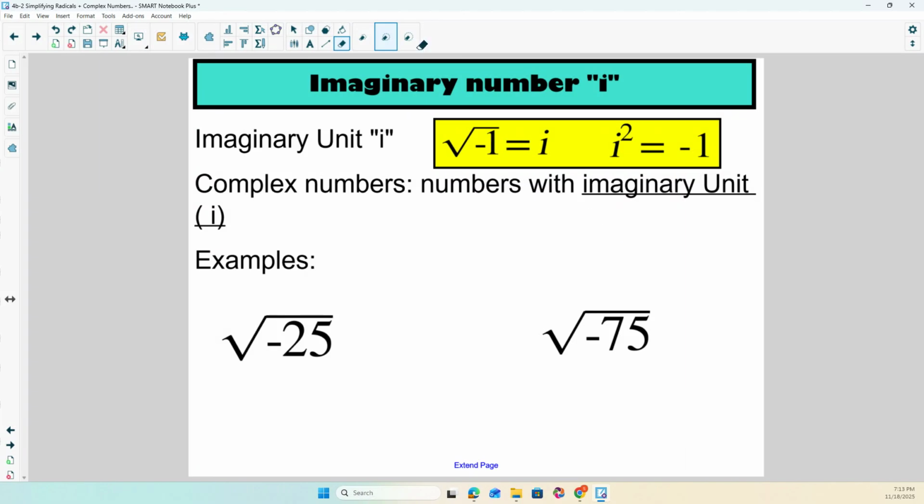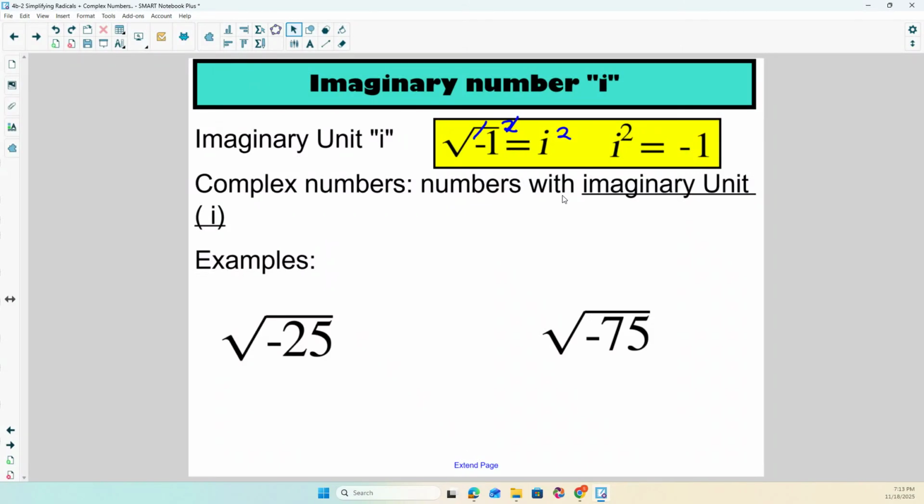So as a result, we have the imaginary unit, which really is the square root of -1. Now, if I square this imaginary unit, so if I raise this to the second power, square root and square are inverse operations, so i squared is -1. So in math, anytime you see i squared, you have to replace it with -1.